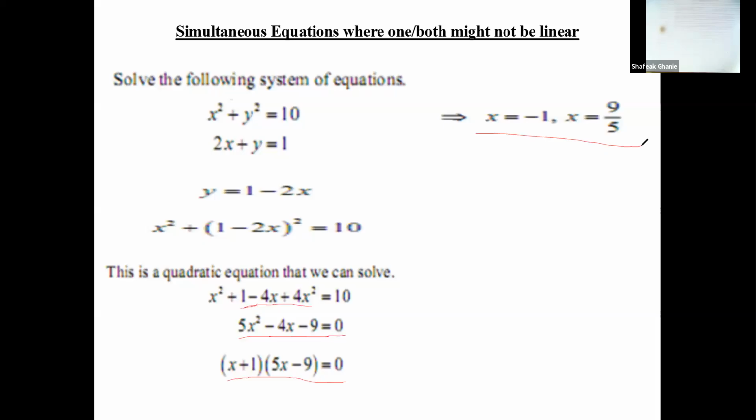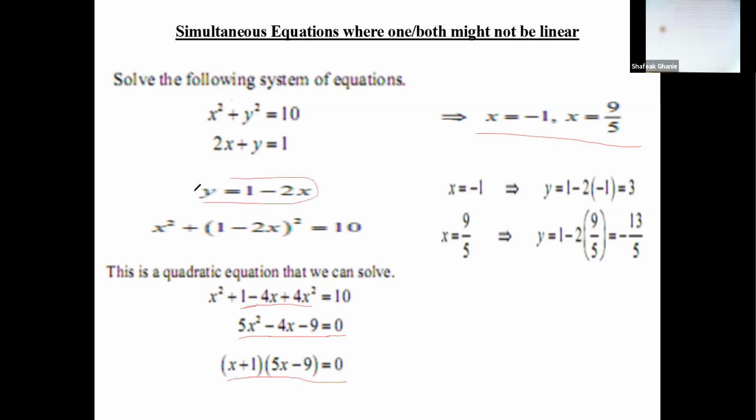But you're not done yet. Remember, you had two simultaneous equations that had y inside. So you now have to find the corresponding y values for each of these x's. When x is minus 1, you substitute in this equation here, and you will get a corresponding y value.